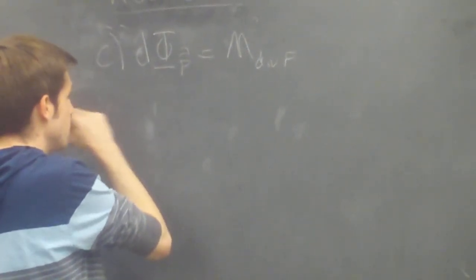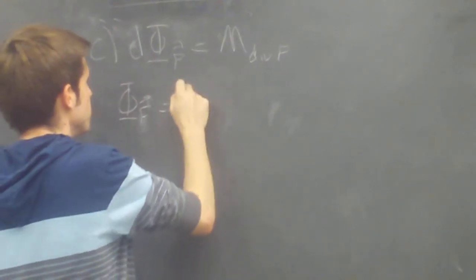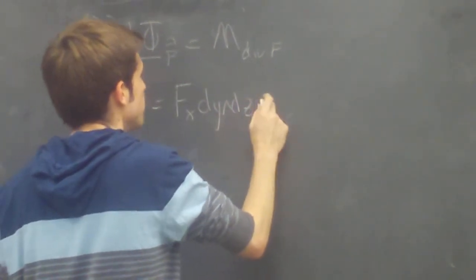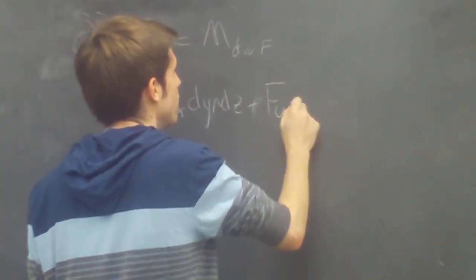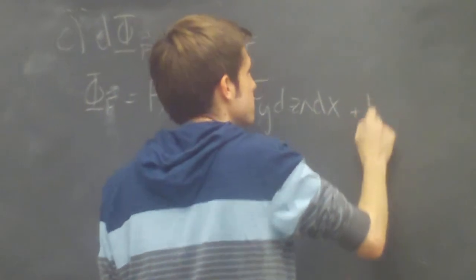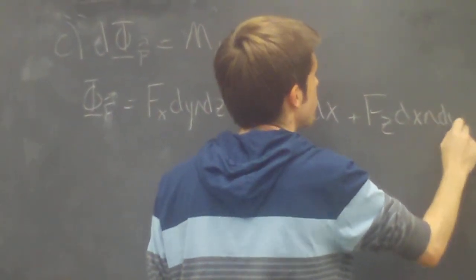So the flux form of f is equal to f of x dy wedge dz plus f of y dz wedge dx plus f of z dx wedge dy.